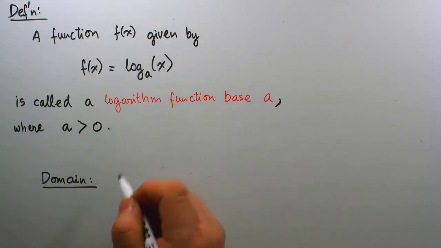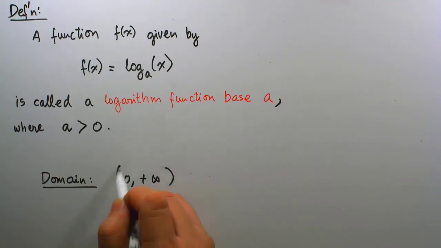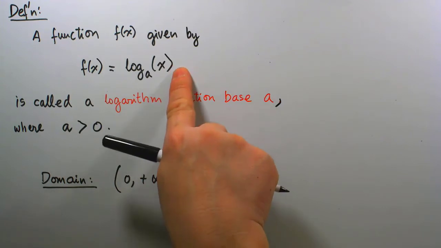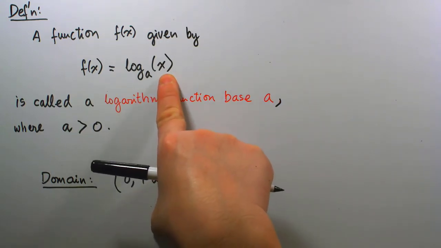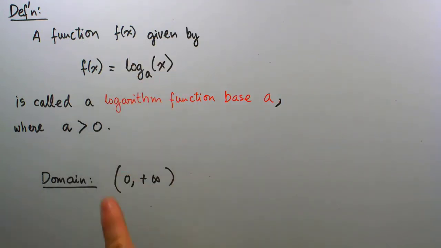The domain of a logarithm function is anywhere greater than 0, so 0 to positive infinity in interval notation. It's not even going to include 0, which is why I'm using parentheses here. The domain is the set of all inputs of the given function where it's possible to substitute in. Throughout my few demonstrations, I showed that we can only give a positive input to any logarithm function, not a 0, not a negative.